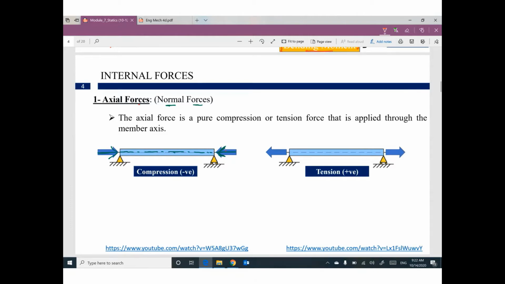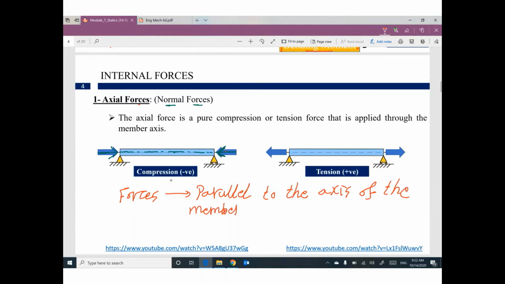So I'm talking about forces parallel to the axis of the member, or parallel to the member itself. Probably this axial force is compression, pushing the member, or tension, pulling the member.